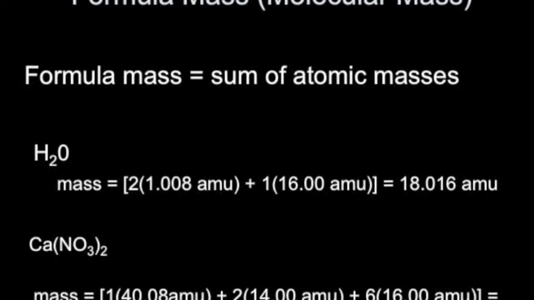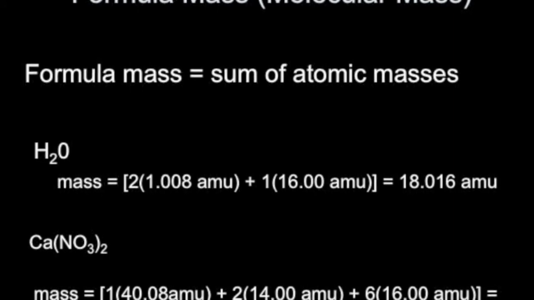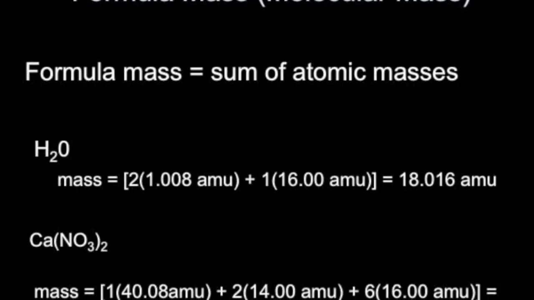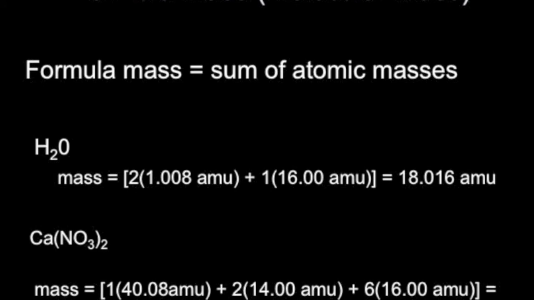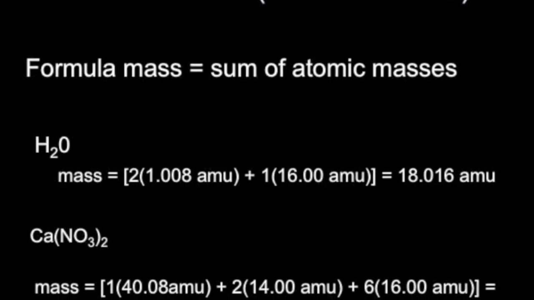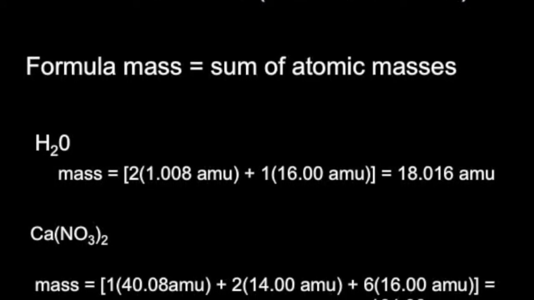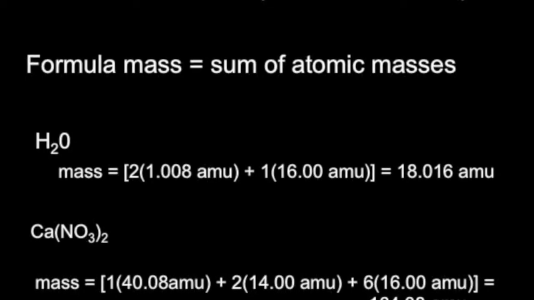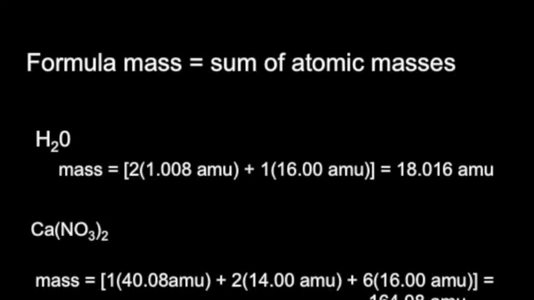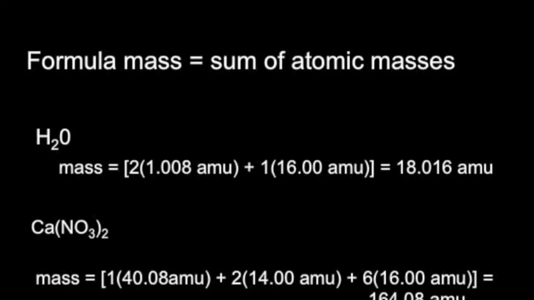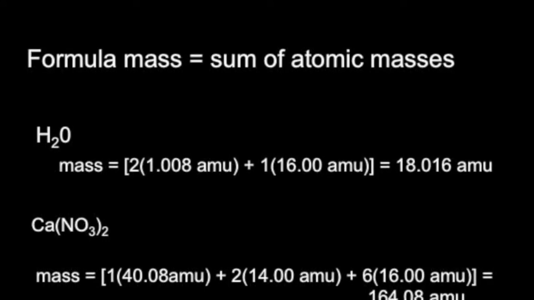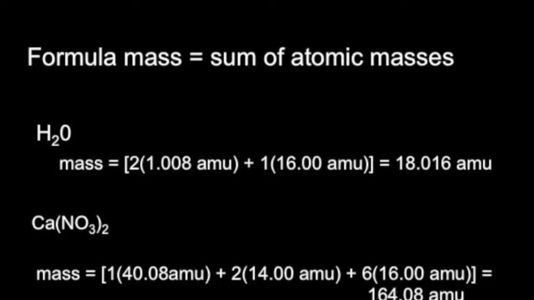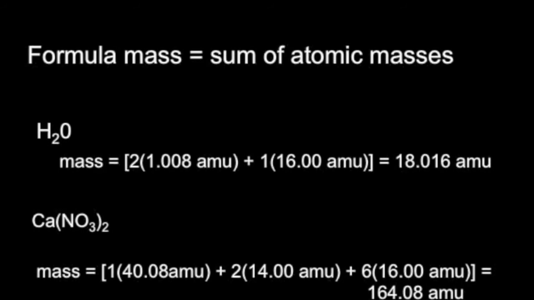We can do the same thing then with calcium nitrate. Now we have two nitrates, so we have to account for all those atoms. We have a total of one calcium, which has a mass of 40.08 AMUs. Two nitrogens, because each nitrate has one nitrogen and there's two of them, so 2 times the mass of nitrogen, 14.00 AMUs. And now we have 6 oxygens.